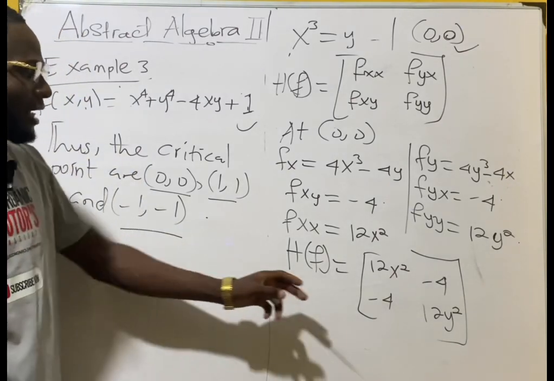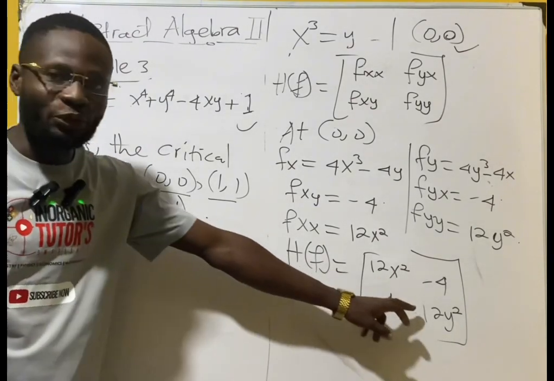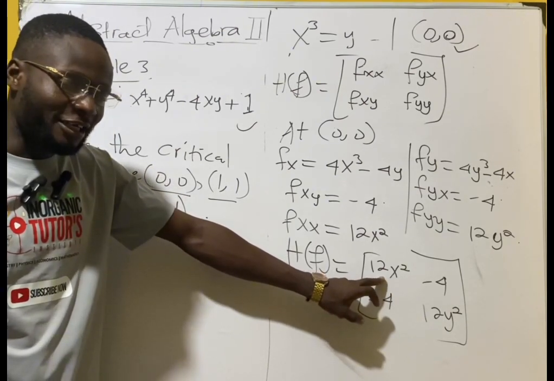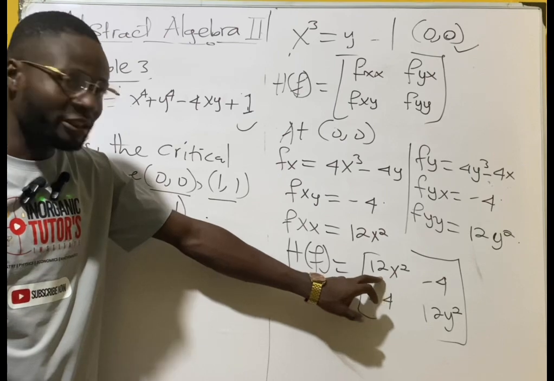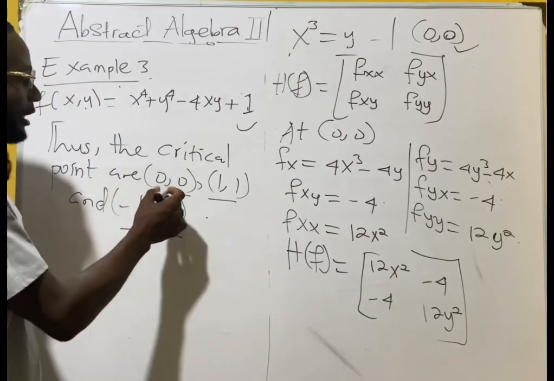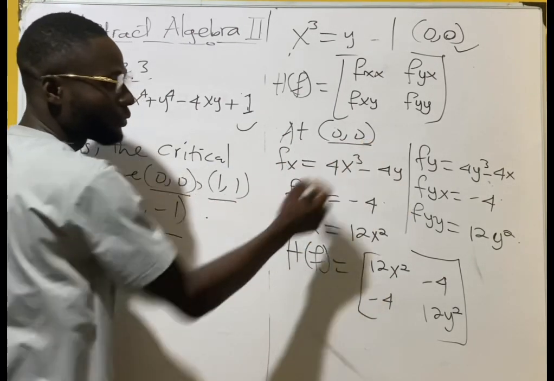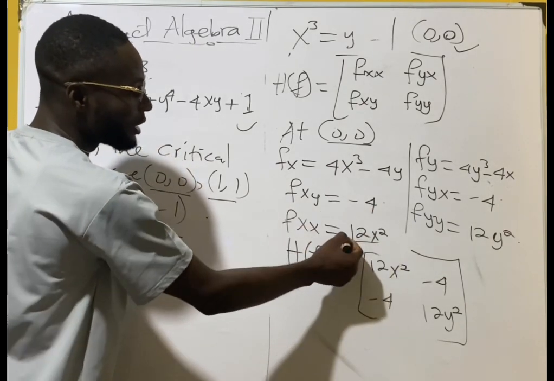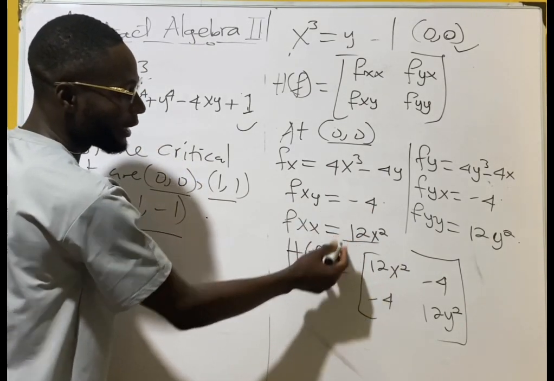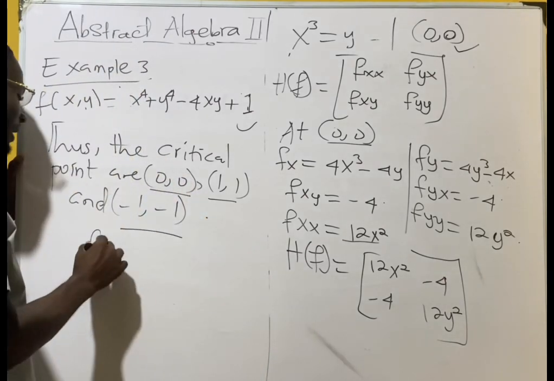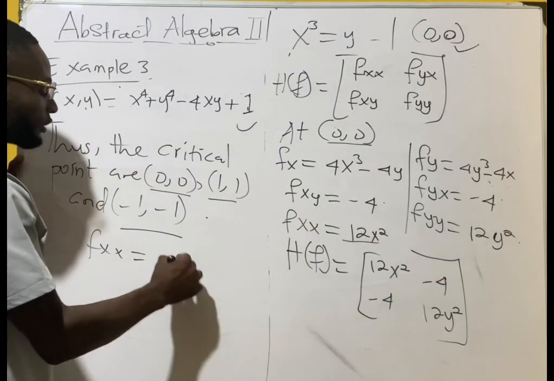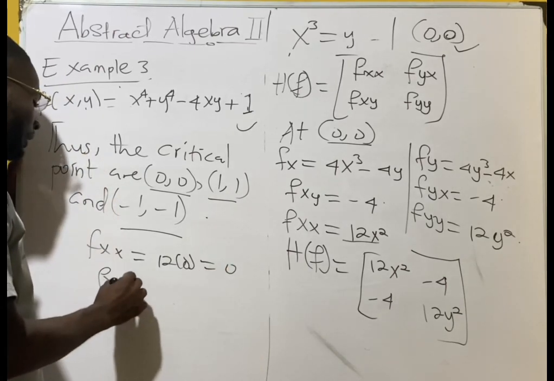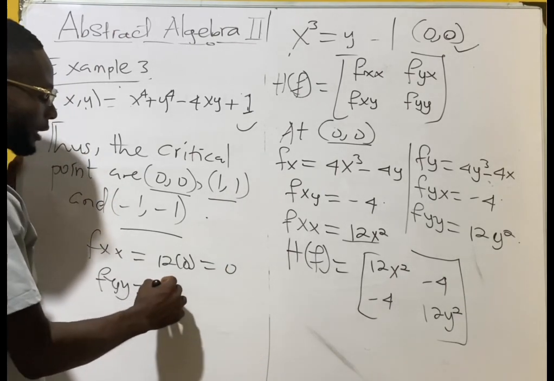Now, how do we know whether it is a local minimum, maximum, or saddle point? We consider the point (0, 0) and substitute into this. fxx is 12 times 0, which is equal to 0, and fyy will be equal to 0 as well.